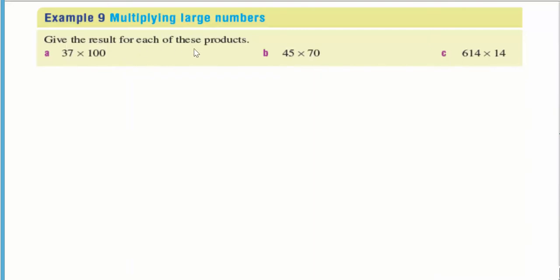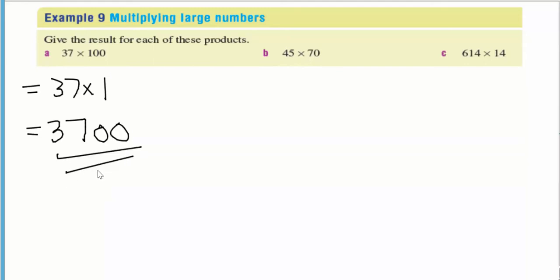Okay, so let's have a look at these. Give the result for each of these products. 37 times 100: we do 37 times 1, which gives us 37, and then we put two zeros at the end, 3,700. You just add those zeros on, really simple. Part B, 45 times 70.